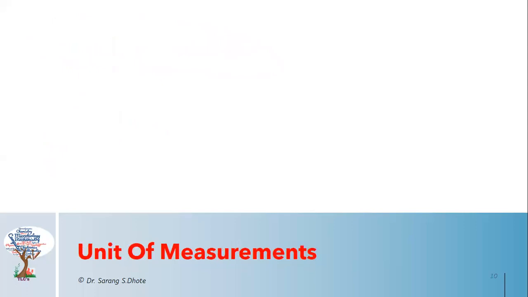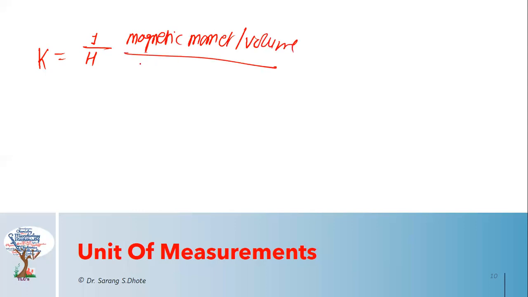Now next one is, what is the unit of measurement? You know that K is equal to I divided by H, that is, magnetic moment per unit volume divided by magnetic field.